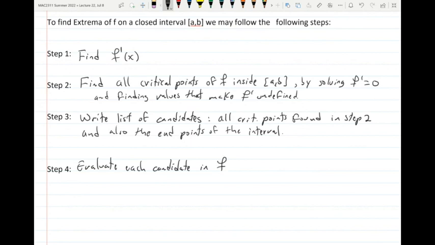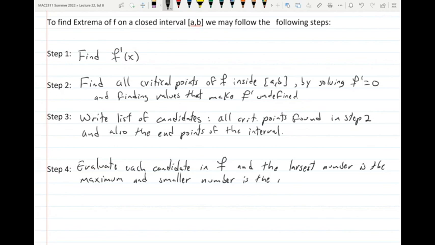In F, the largest number is the maximum, and the smaller number is a minimum.